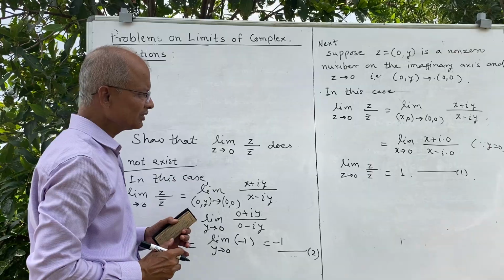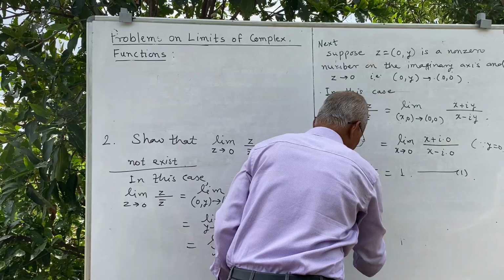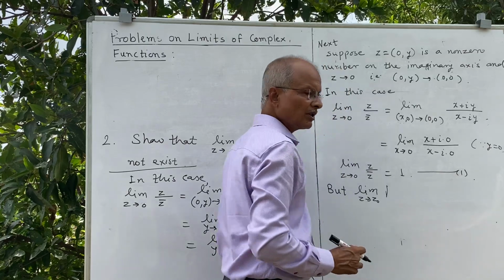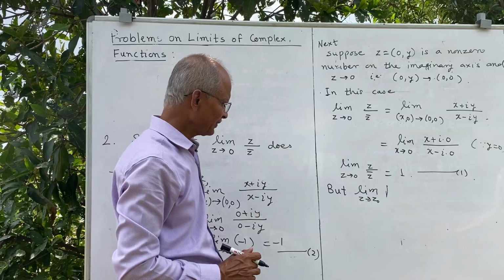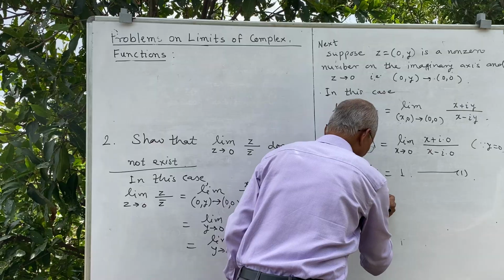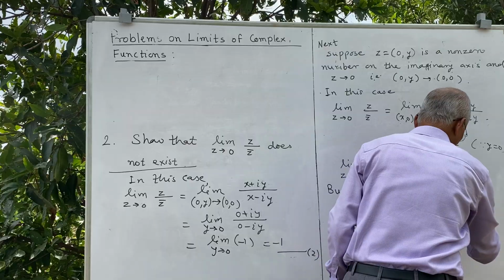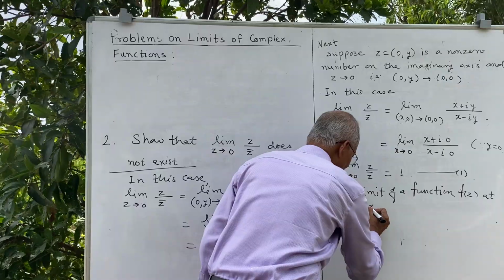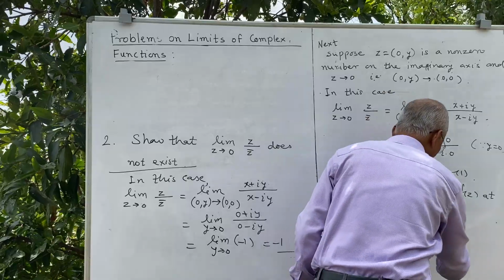But we have proved the result that the limit of a function f of z as z tends to z naught, at a point z naught, if it exists, must be unique.